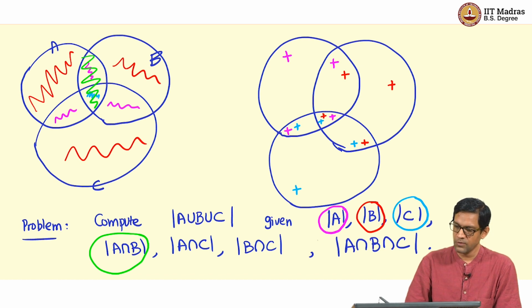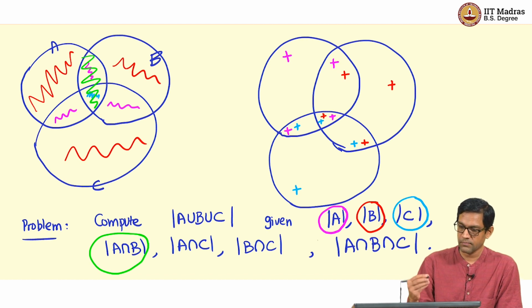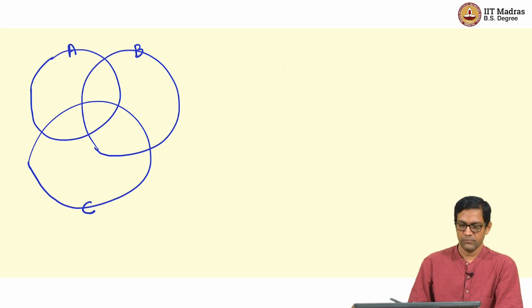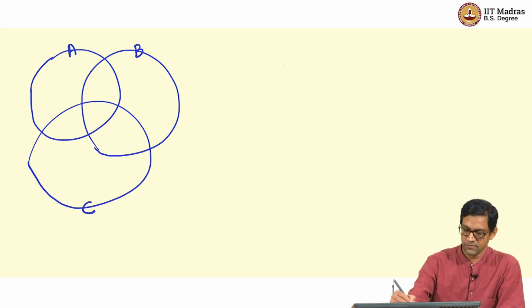Now, let us see what it is that we are looking for finally. We want to find the cardinality of just the union, which means we want to sum up the cardinalities of each of these 7 regions separately. The principle of inclusion and exclusion, when we have 3 sets, takes the following form.